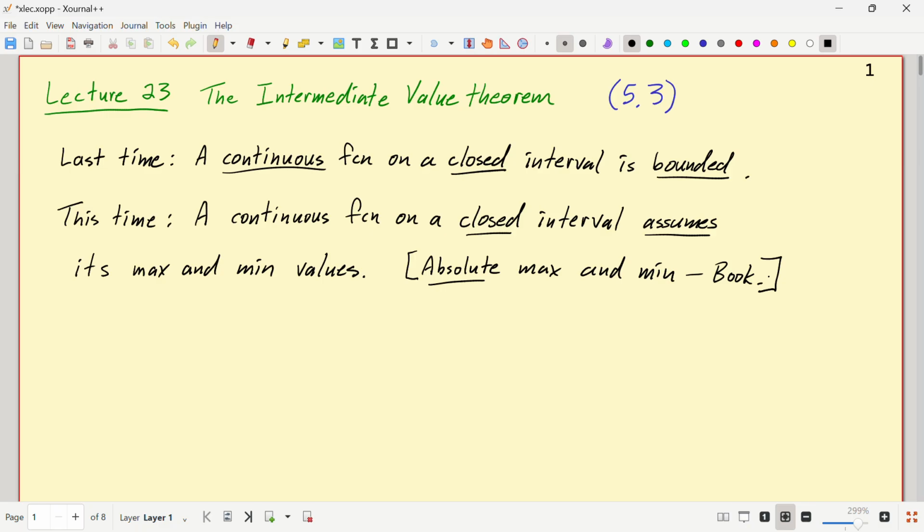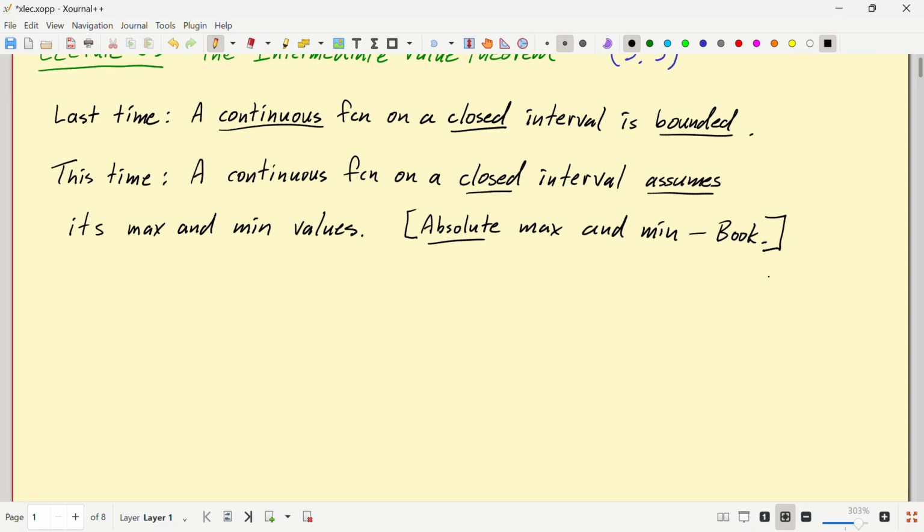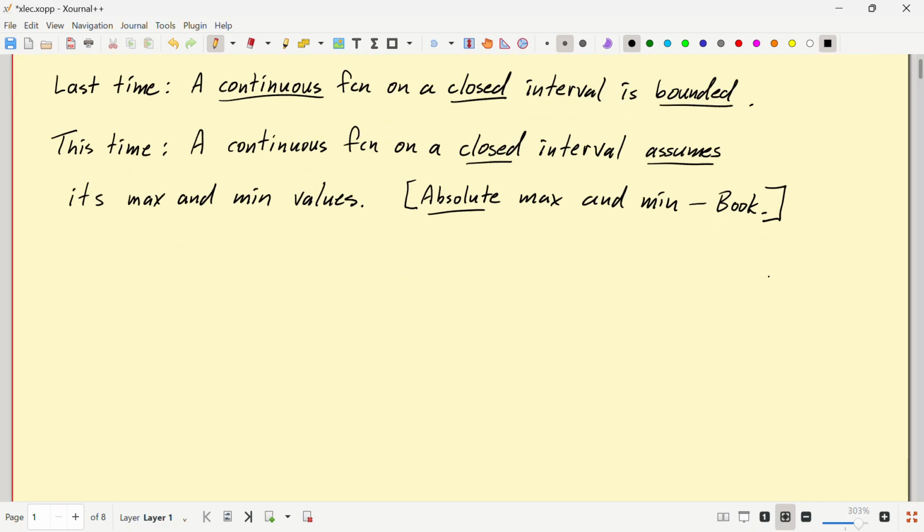Okay, yeah. Does the interval have to be closed? Yes. I'm going to do some examples to show you why that's the case. In fact, maybe it's a good idea to start with some examples just to think about it.